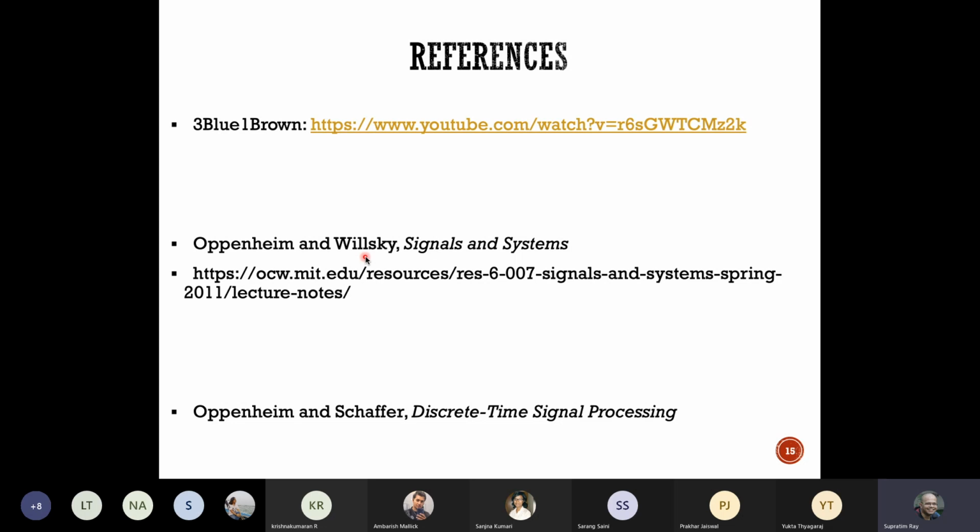Oppenheim and Willsky, Signals and Systems. This is the first course that electrical engineers do all across the world. We did this as a single course in IIT Kanpur, taught in the second year. And then the advanced version of this is Oppenheim and Schafer, Discrete-Time Signal Processing.